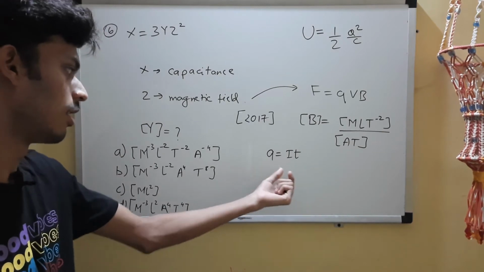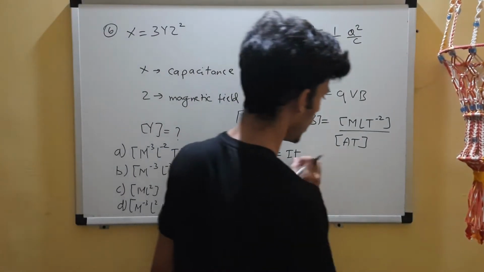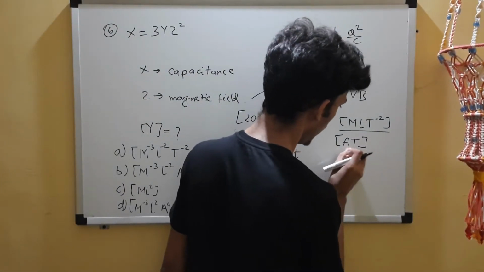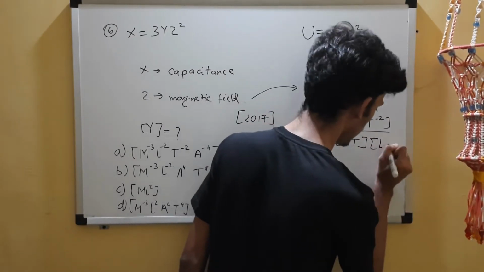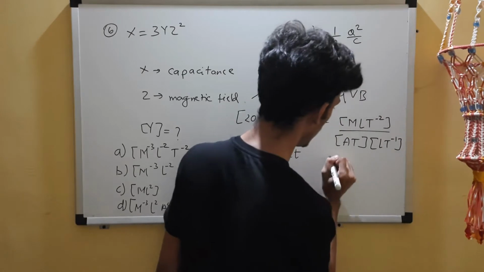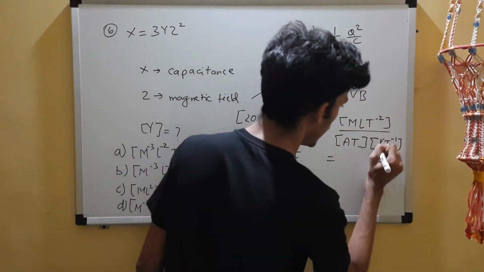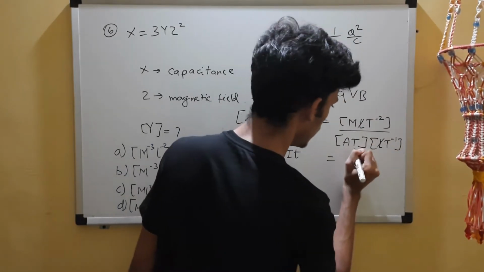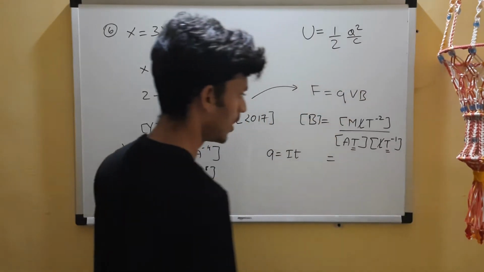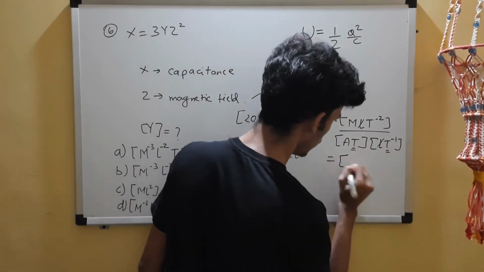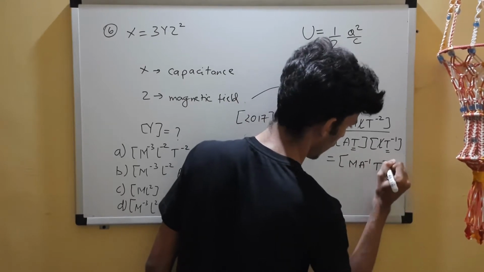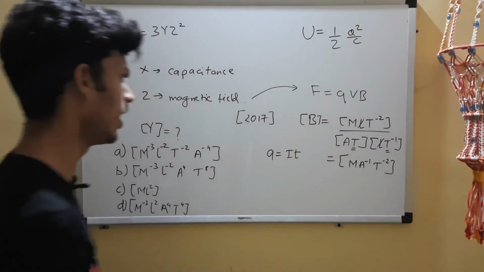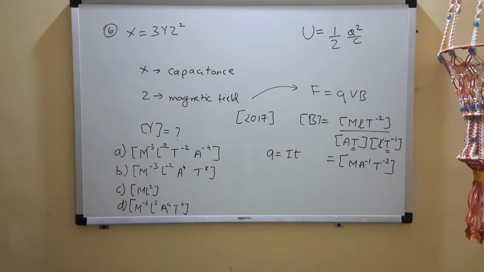And velocity is meters per second, L T to the power minus 1. Now this L and L will get cancelled, T and T to the power minus 1 will also get cancelled, and you will be left with M A to the power minus 1 T to the power minus 2. So that is the dimensional formula for B.